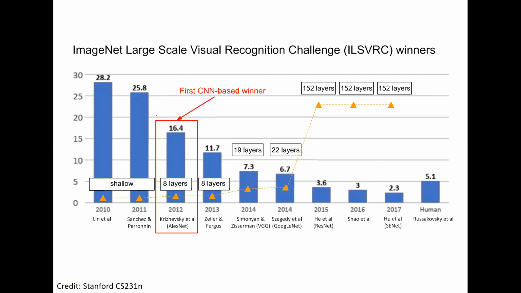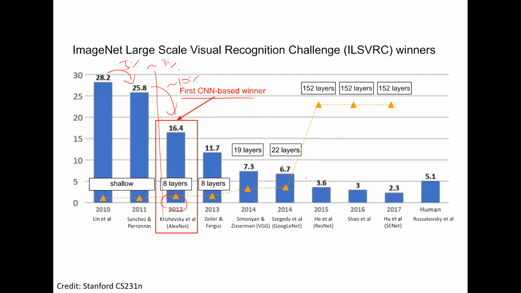And in 2012, before 2012, the improvement over the year was less than 5 points, like around 3 points. However, in 2012, there was a quantum jump, like around 10%. And this was the first CNN-based winner.